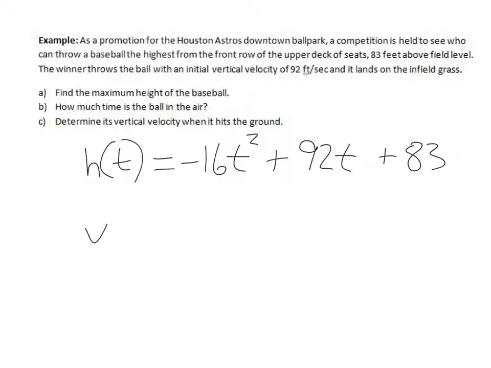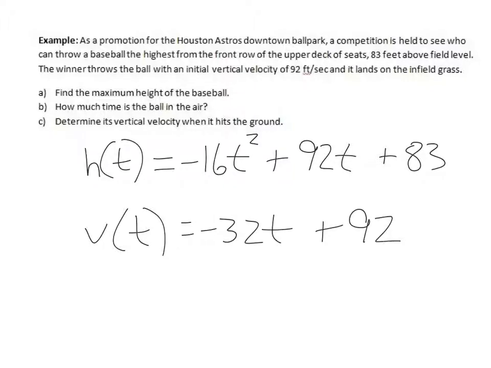For velocity, somewhat similar, but we would have -32 times t, and then the initial velocity was 92. So those are going to be the formulas that we are working with. Again, we rarely use this one.